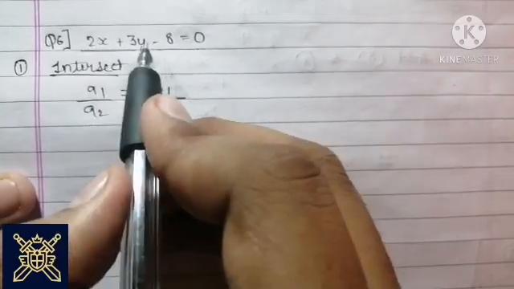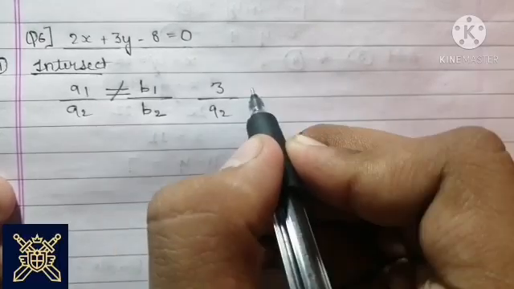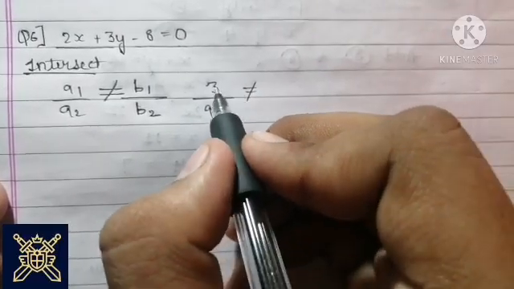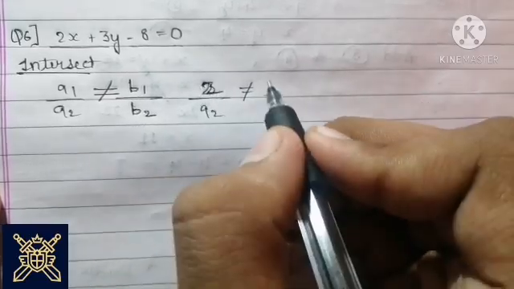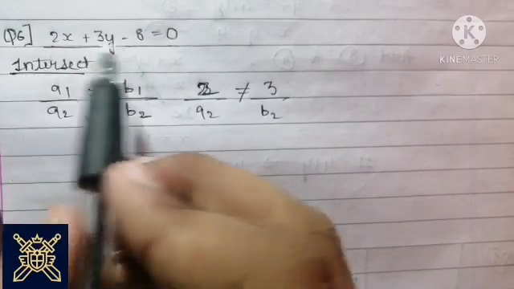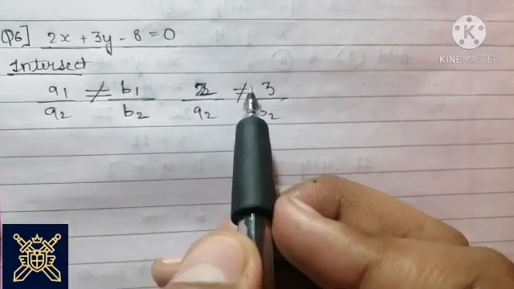Here a1 is 2 and b1 is 3. So 2 by a2 is not equal to 3 by b2, because a1 is 2 and b1 is 3, the respective values.